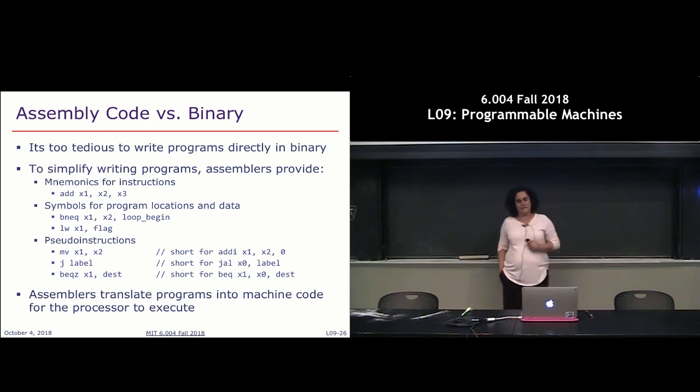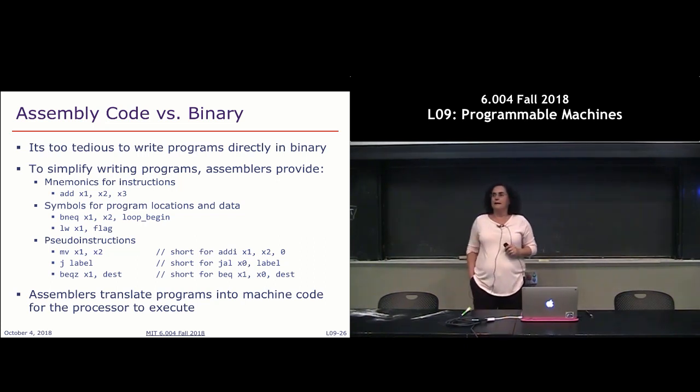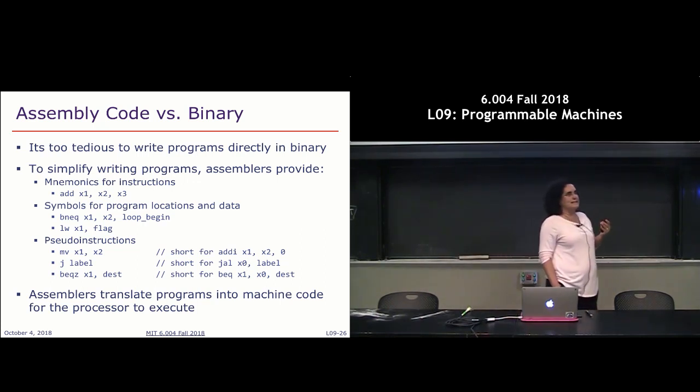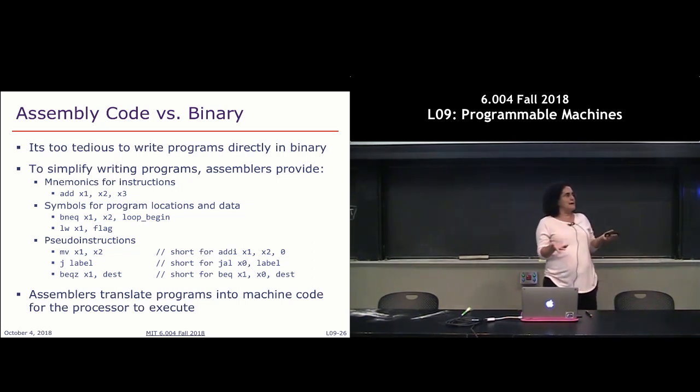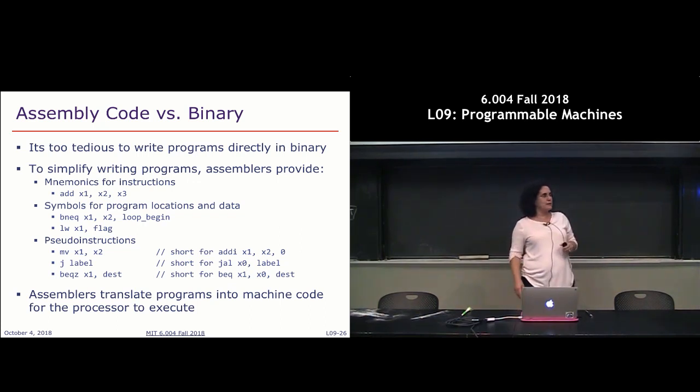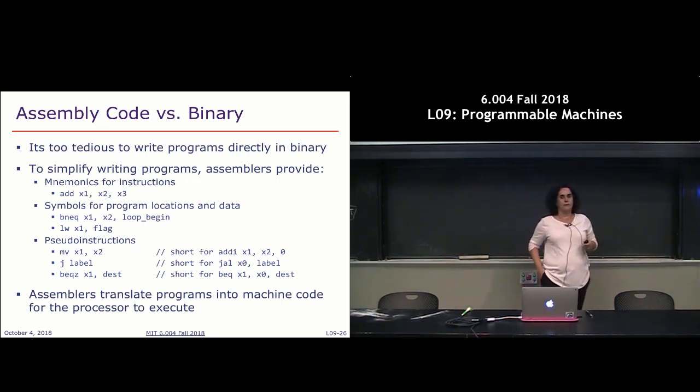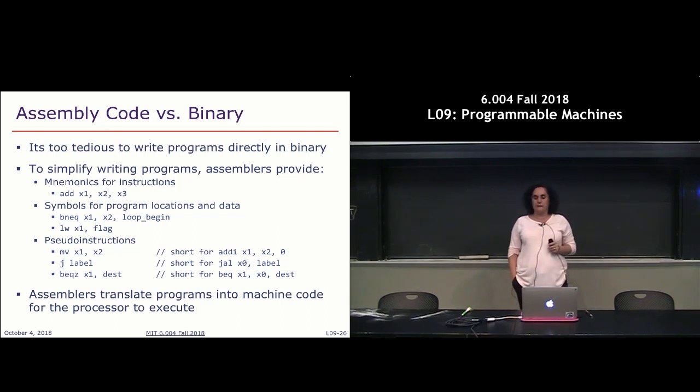So let me just finish with this slide very quickly. A couple things to make things easier for us: even though these instructions all translate into binary, we're going to write them in what we call assembly. We're going to have these mnemonics like add x1, x2, x3 to tell us what we want, rather than the binary representation.